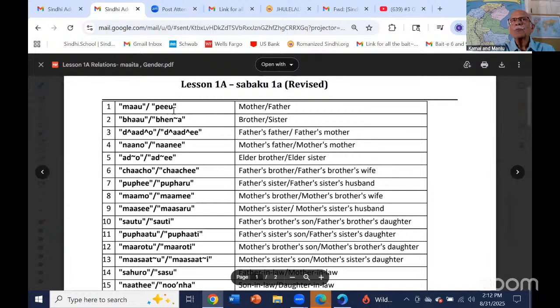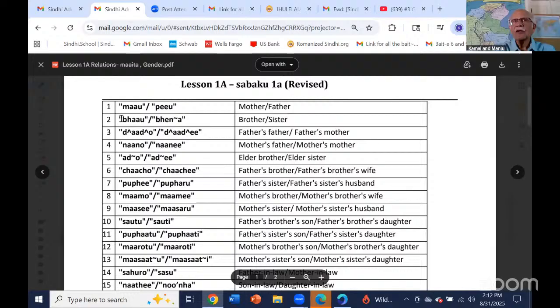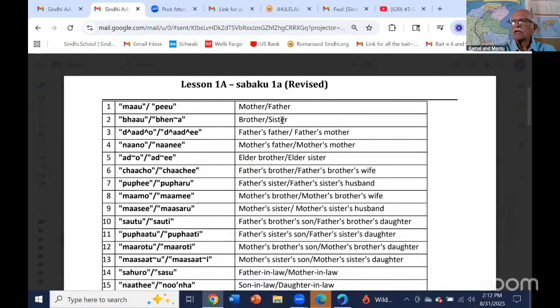Mao, Pir, mother, father. Everybody knows this. Bhav, Bhena, brother and sister.